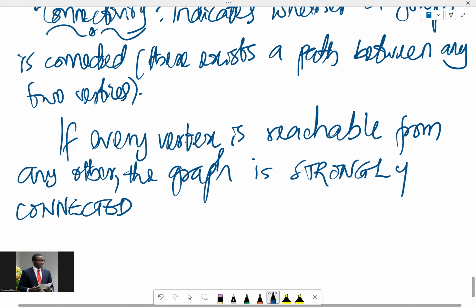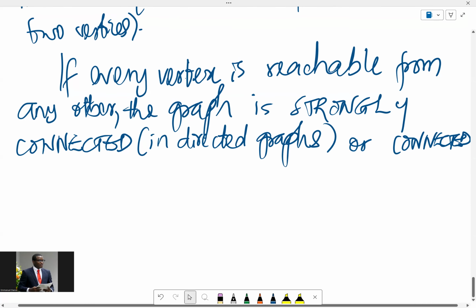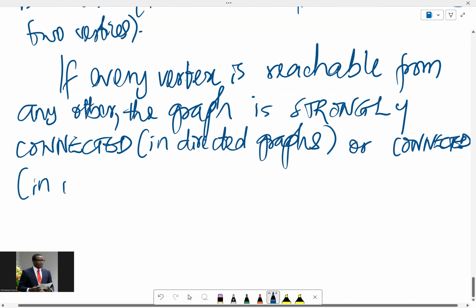That is in the case of directed graphs. Or we say they are just simply connected in the case of undirected graphs.